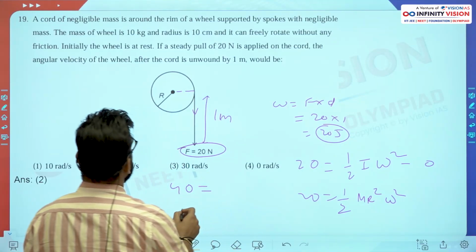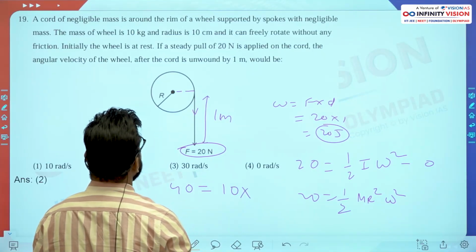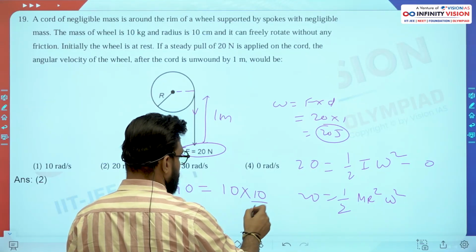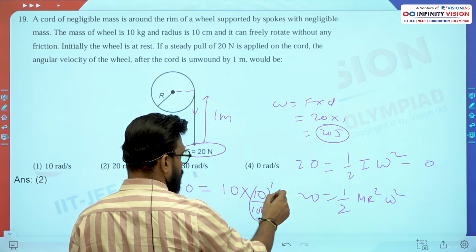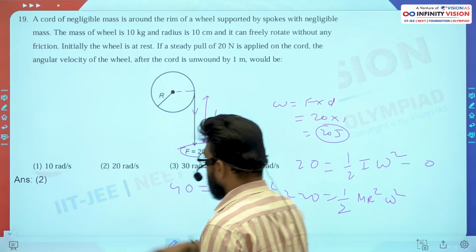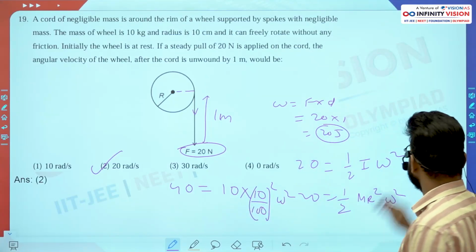Mass is already given as 10 kg, and the radius of this wheel is 10 centimeter. So half into 10 into (10 by 100) whole square omega square is 20. Solve it, you will get omega as 20 radian per second.